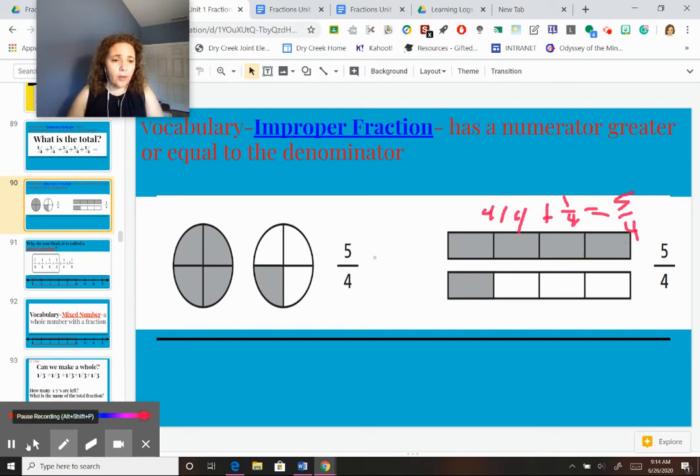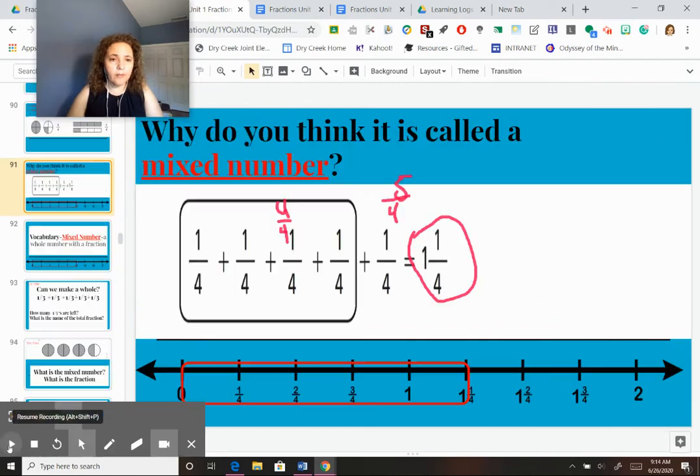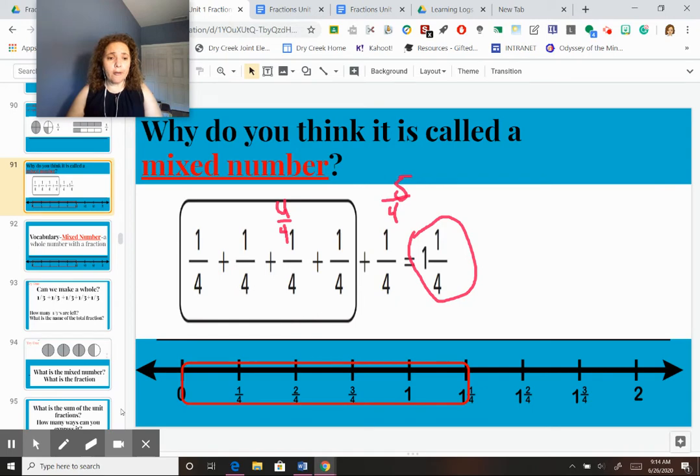All right, so there's my 4 out of 4. Remember, 4 out of 4 is the same thing as one whole, like I just showed you. So it's my 4 out of 4 plus my 1/4. So it's one whole and a fourth. So it's 1 1/4. That's the mixed number.